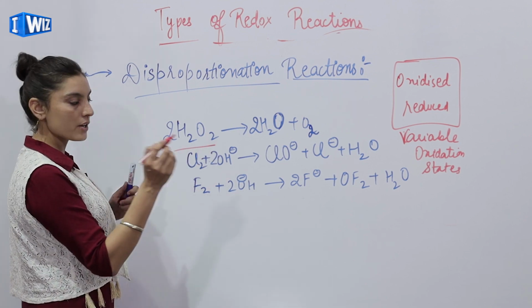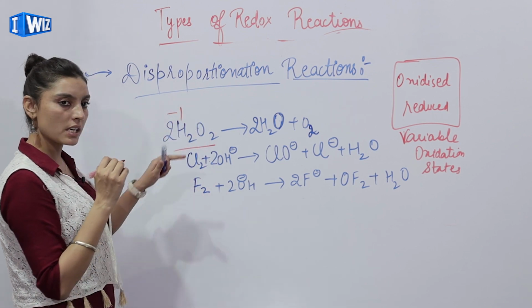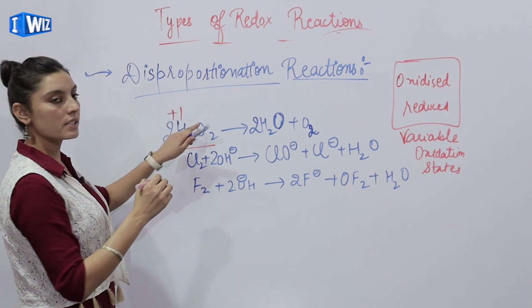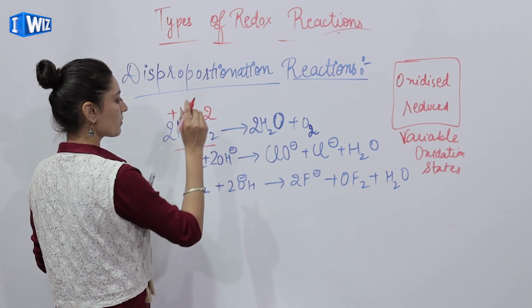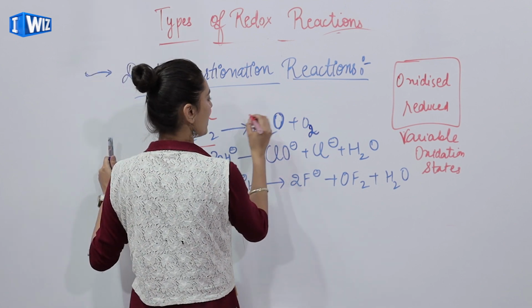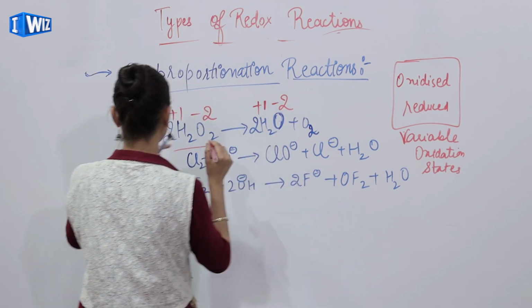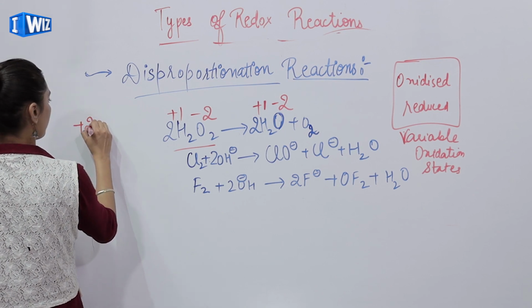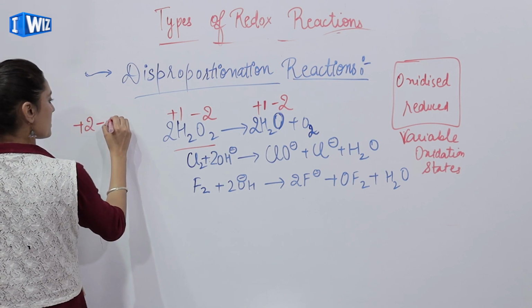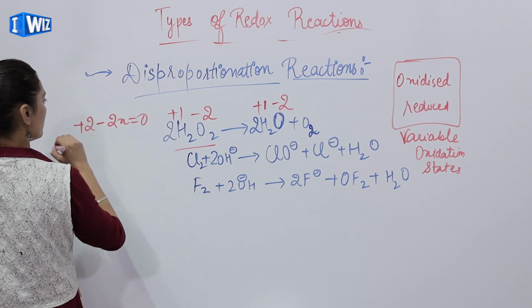Hydrogen peroxide, hydrogen being present in the +1 state and oxygen in the -2. Let's check it over here. That is +2, -2x is equivalent to 0.